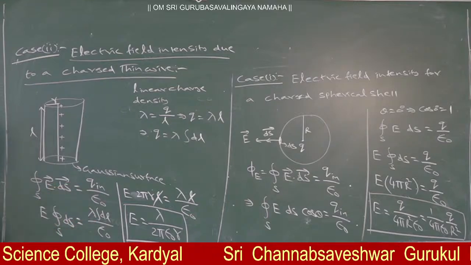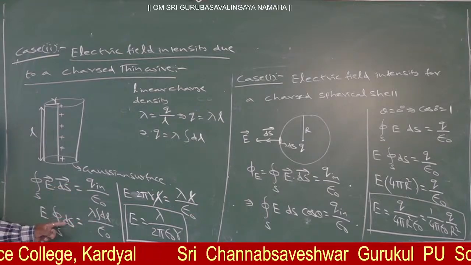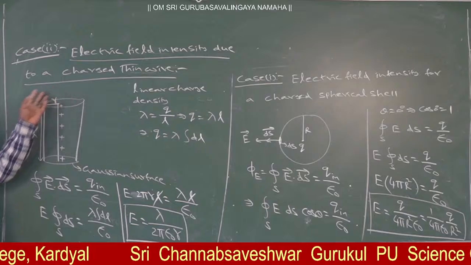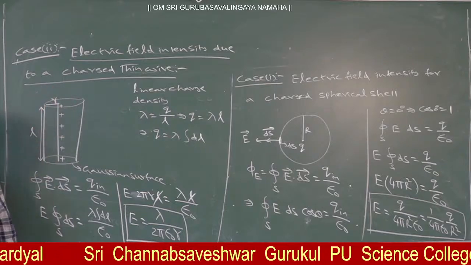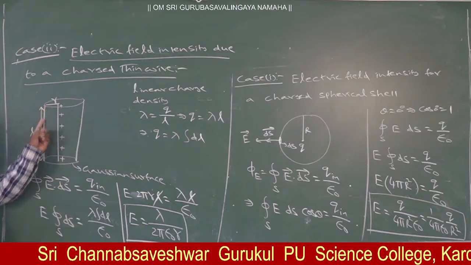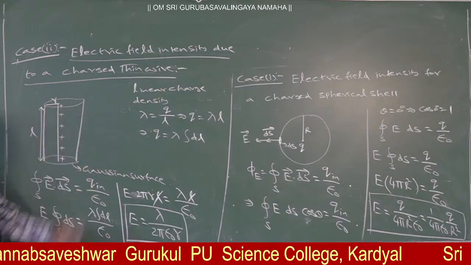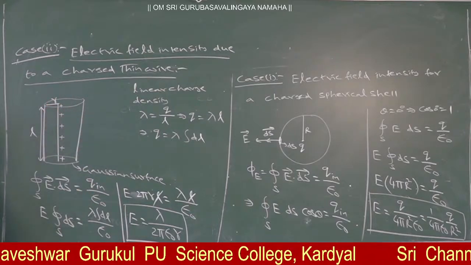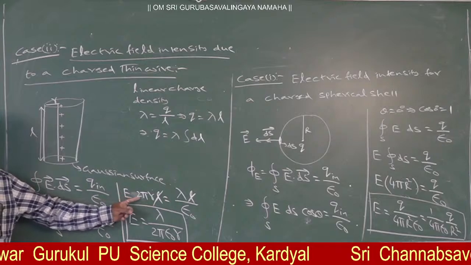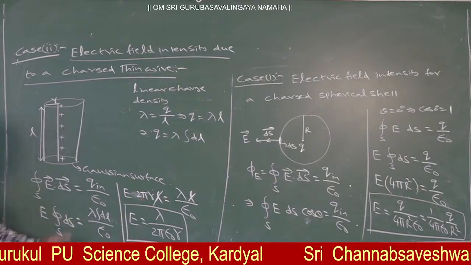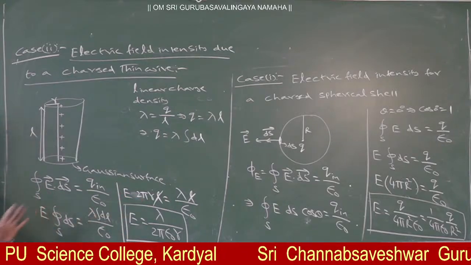So E into the surface integral of ds, the area, means length into breadth. Length is L, breadth is the circumference, 2 pi r. So 2 pi r into L is equal to lambda integral dl.